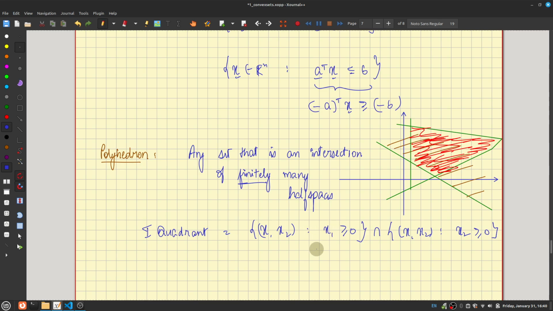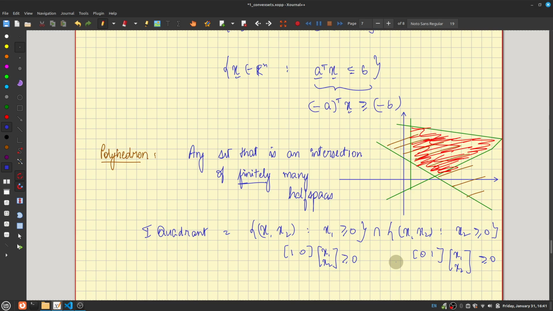Or in other words, this is (1, 0) times (x1, x2) greater than or equal to 0, and this is (0, 1) times (x1, x2) greater than or equal to 0. Right? So in this case the a vector is (1, 0) and in this case the a vector is (0, 1).